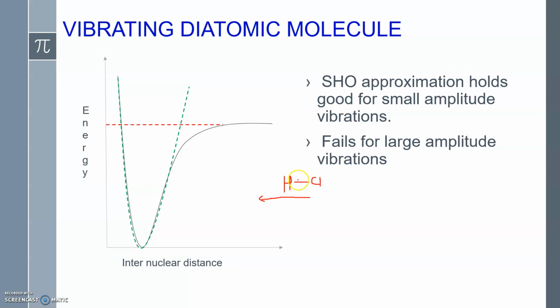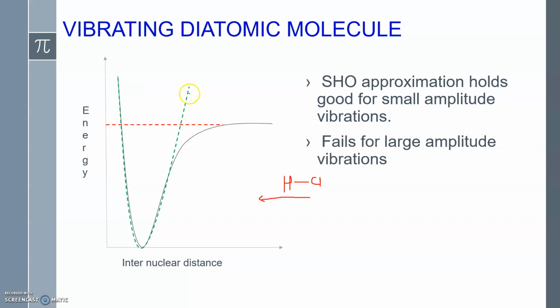That is, if the bonds were perfectly elastic, it would not undergo dissociation. So in real diatomic molecules, the bonds are not perfectly elastic, and the simple harmonic oscillator approximation holds good only for small amplitude vibration and fails for very large amplitude vibration.